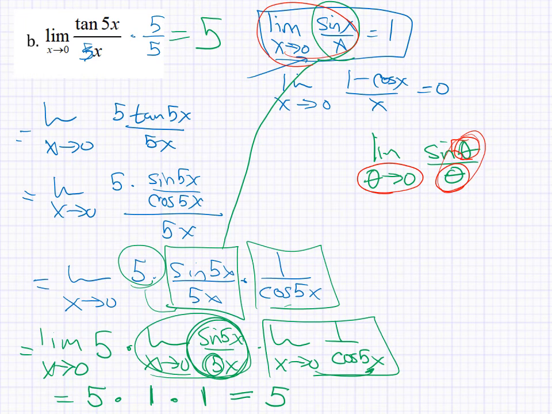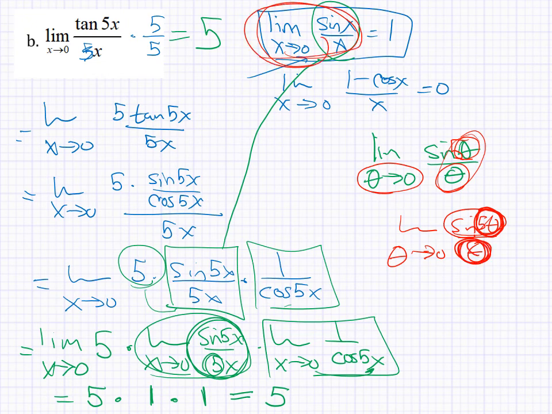If I had the limit as theta goes to 0 of sine of 5 theta over theta, that's not the same. Sine of 5 theta and sine of theta are not necessarily the same. And so whatever I'm taking the sine of here has to be what's also in the denominator here for this limit to apply, which is why I needed that extra 5.